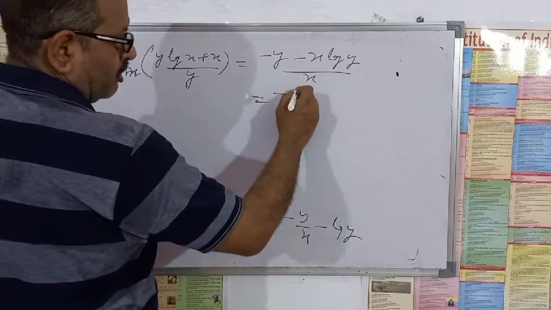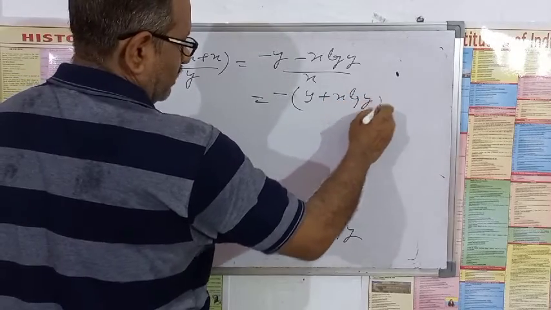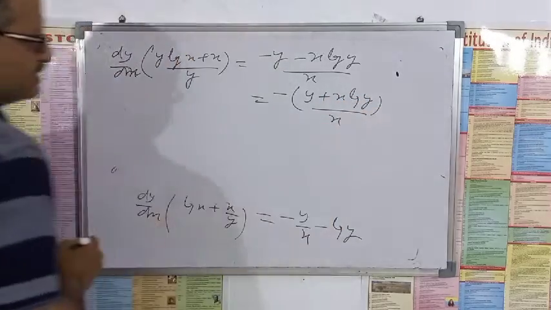Take the minus sign common, so it is y plus x log y upon x.